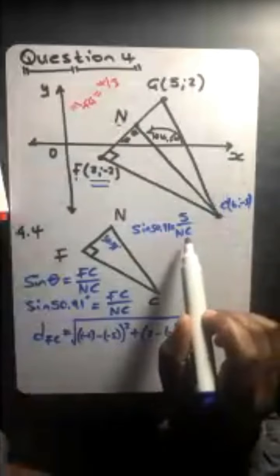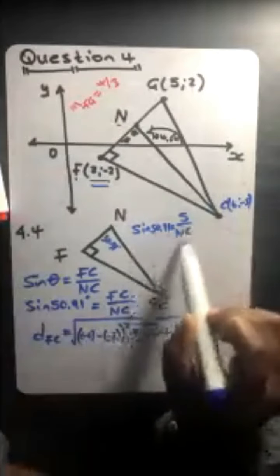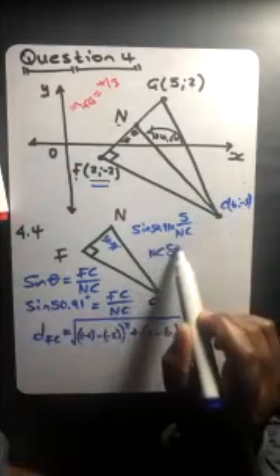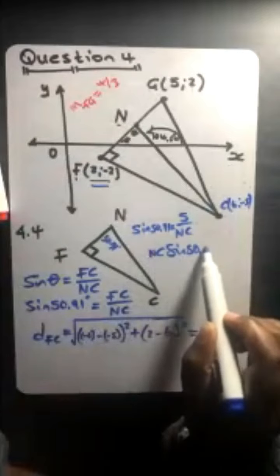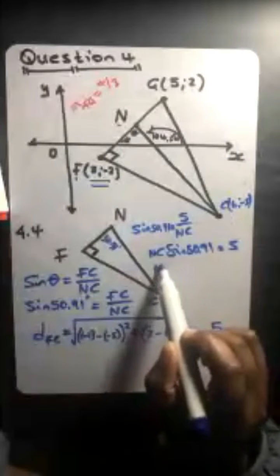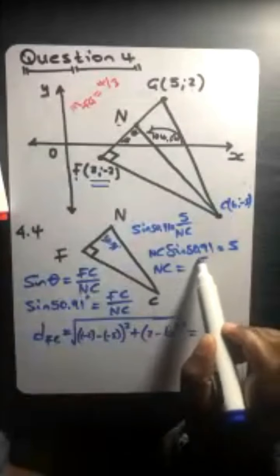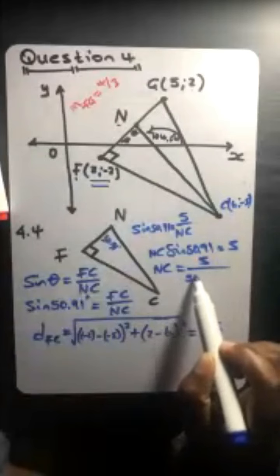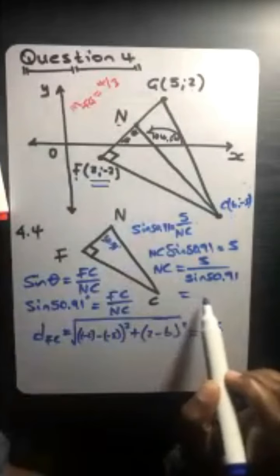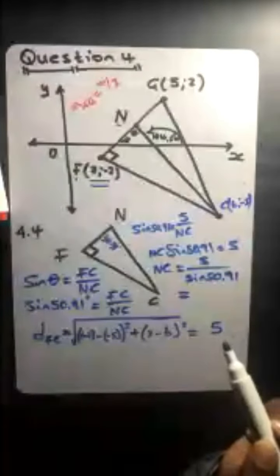Let's see. Can you see, guys, you now need to solve for the unknown. So you can cross multiply. That means you have NC multiplied by sine of 50,91, which is equals to 5. So NC is going to be 5 divided by sine of 50,91. What answer are we getting there, good people?